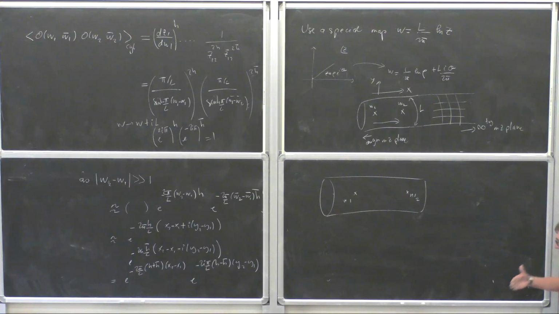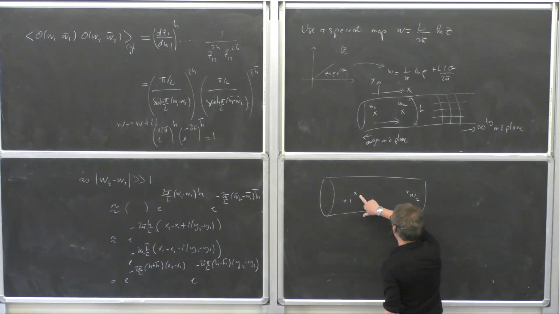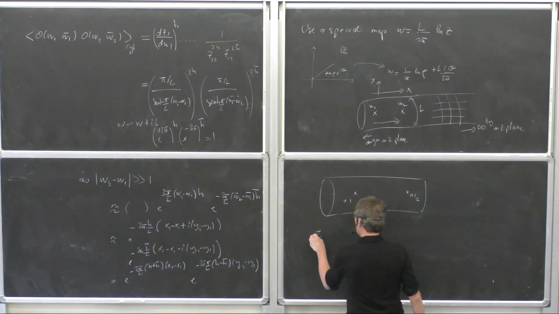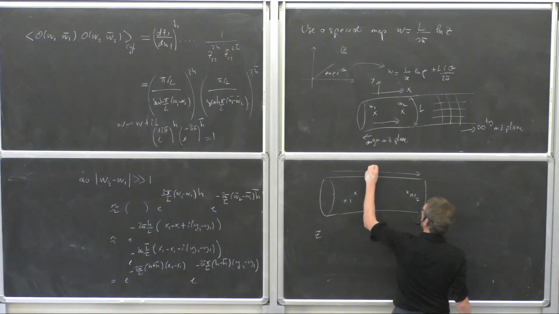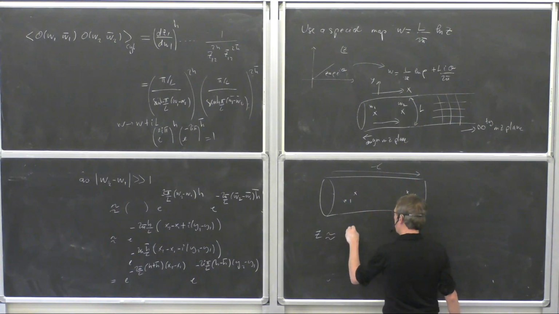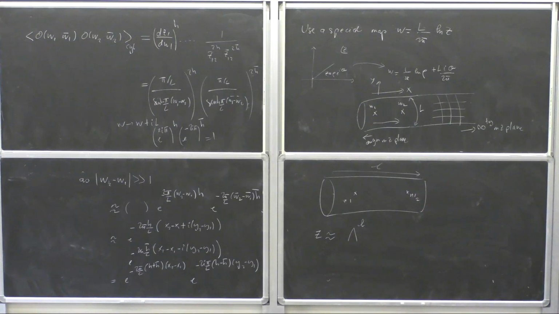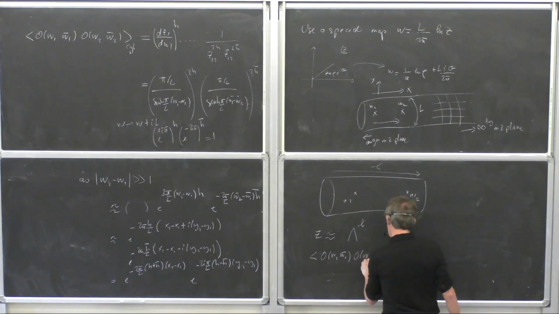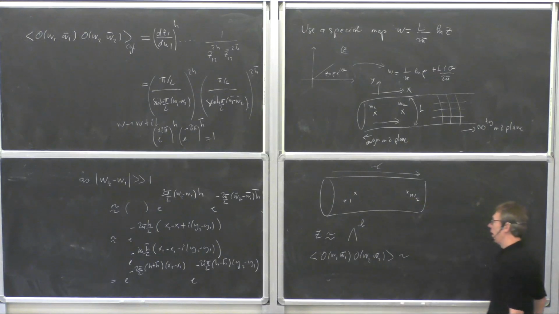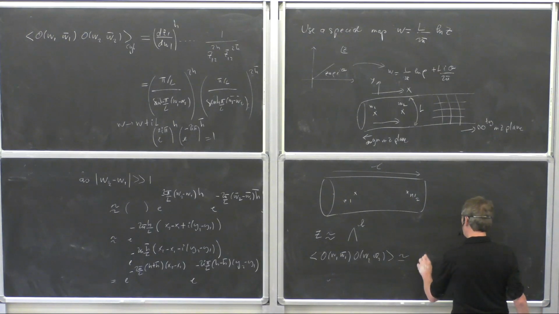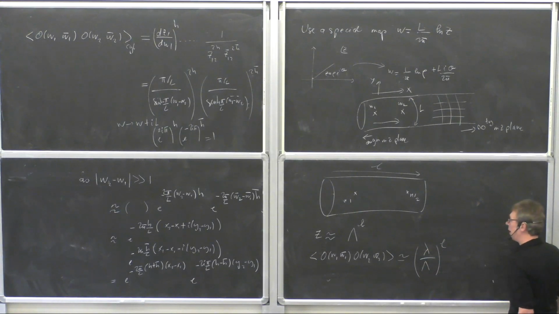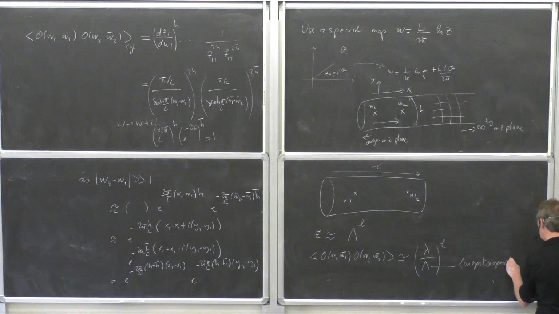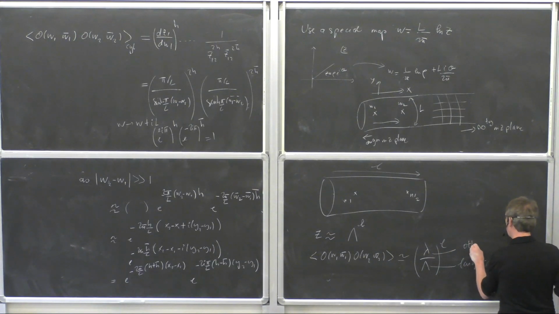The correlation function is determined by Z, the partition function for a very long system, let's call this length L, which goes like the largest eigenvalue of the transfer matrix to the power L. The decay of a correlation function like this is of this type, where big lambda is the largest eigenvalue and little lambda is some other eigenvalue.